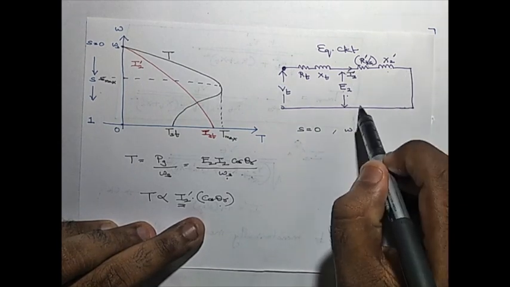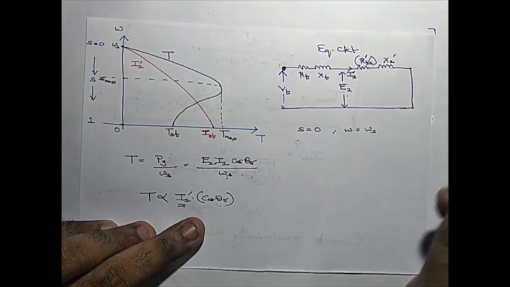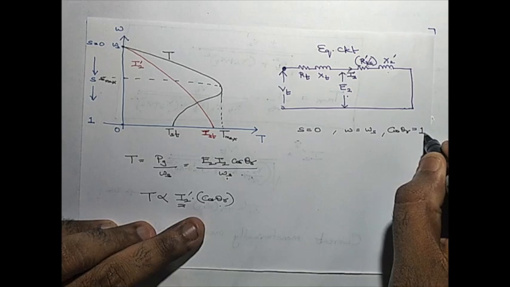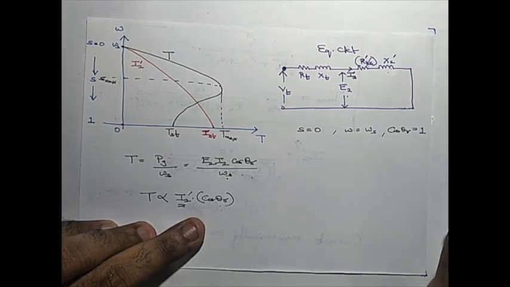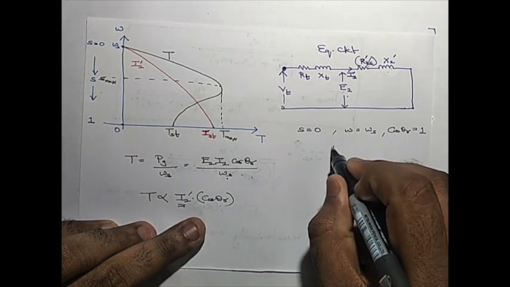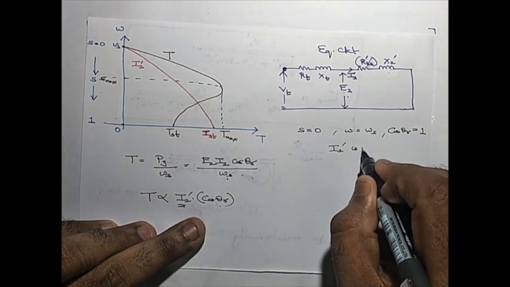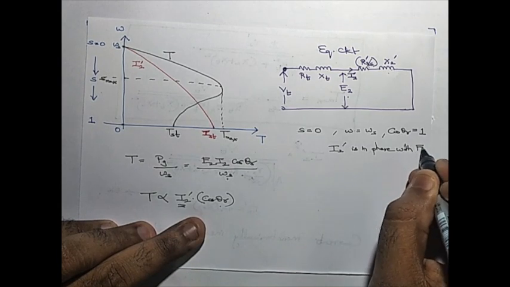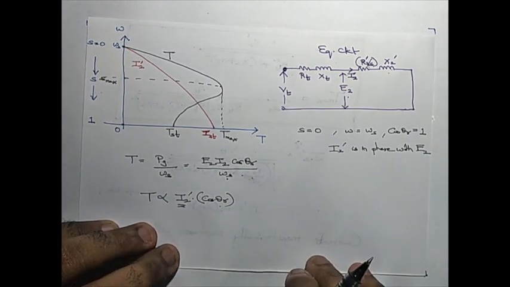If this part is resistive in nature, what will be the power factor? Cos theta R will be equal to 1, or I2 dash is in phase with E2. This is the meaning.